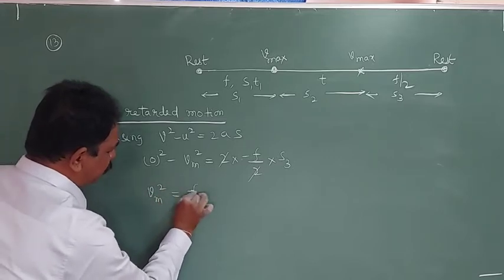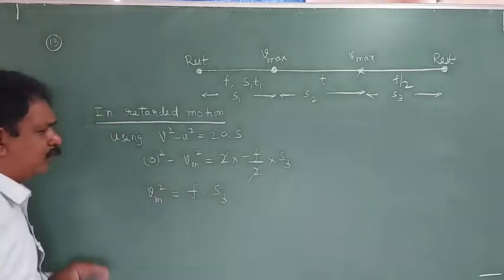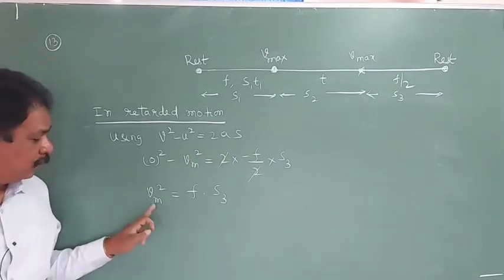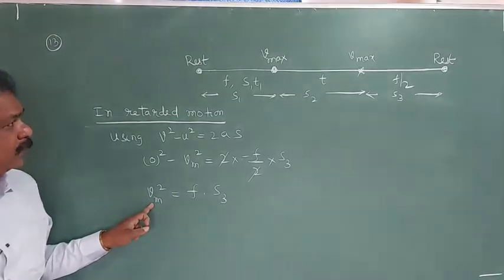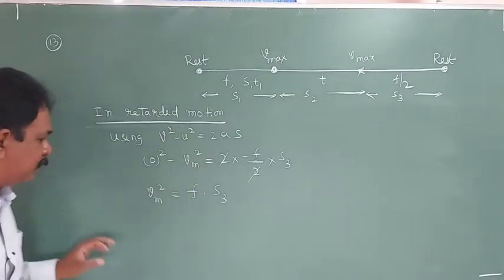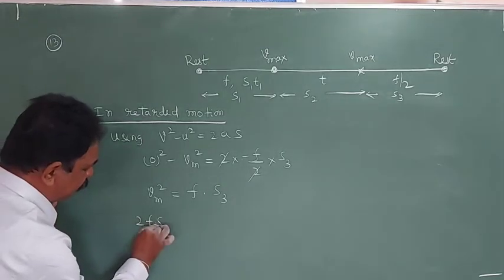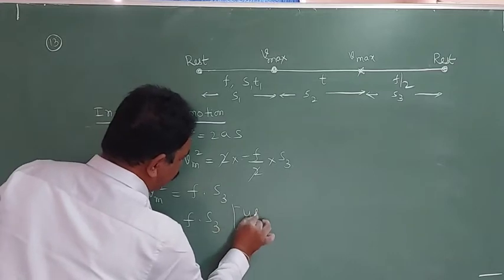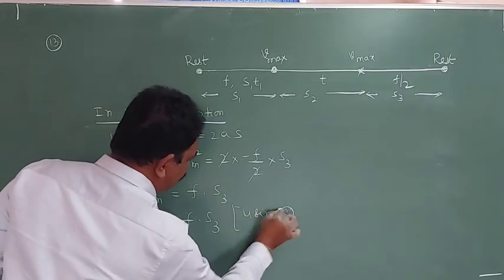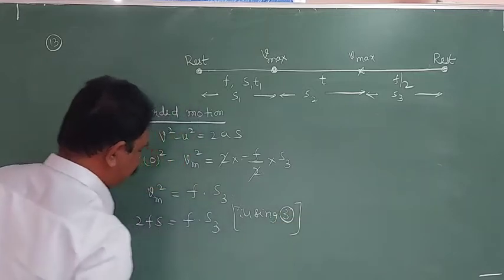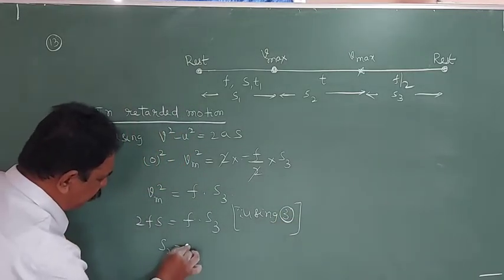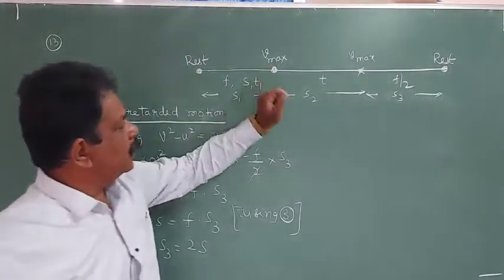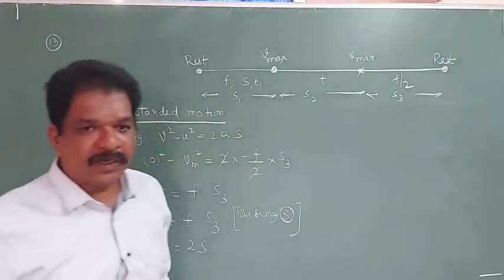Vm square is equal to f into s3. Using the third equation, Vm square is 2fs. So 2fs is equal to f into s3. S3 value will be 2s.